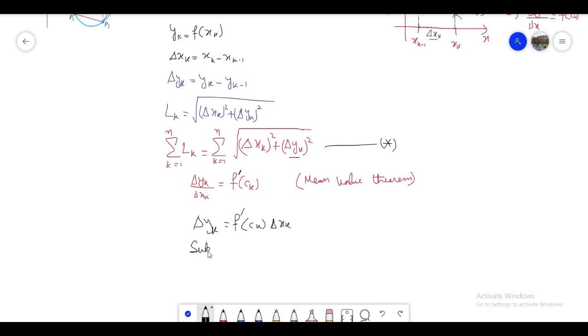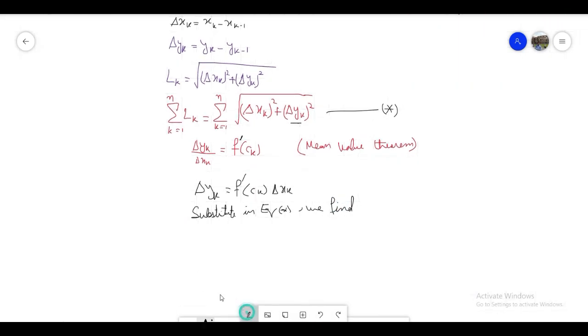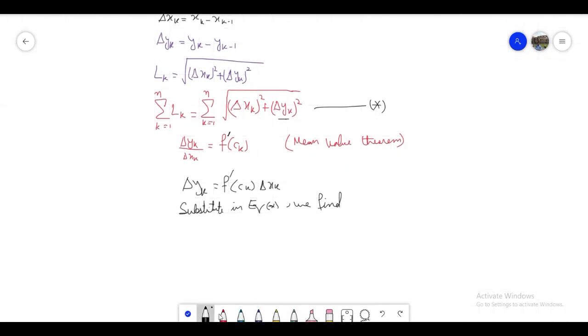Substitute in equation star, we find the sum, k from 1 to n, Lk. I'm basically writing this equation over here.